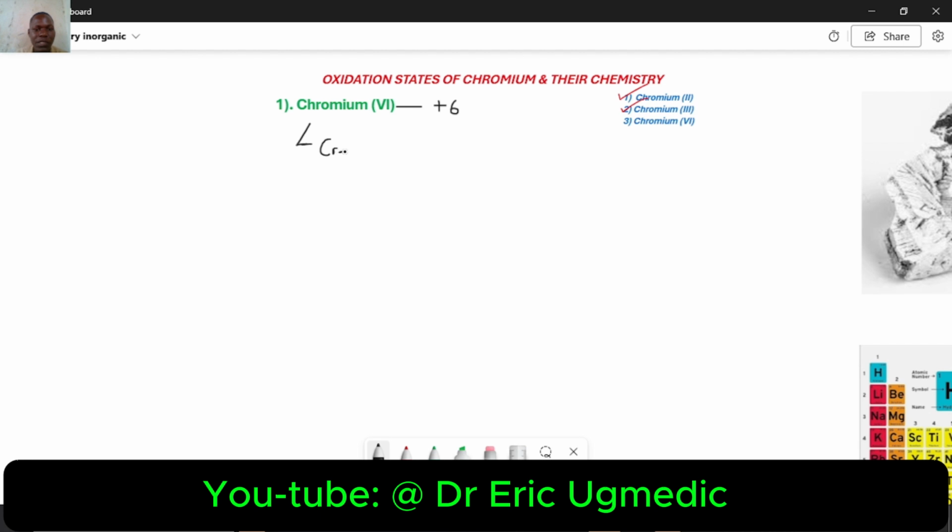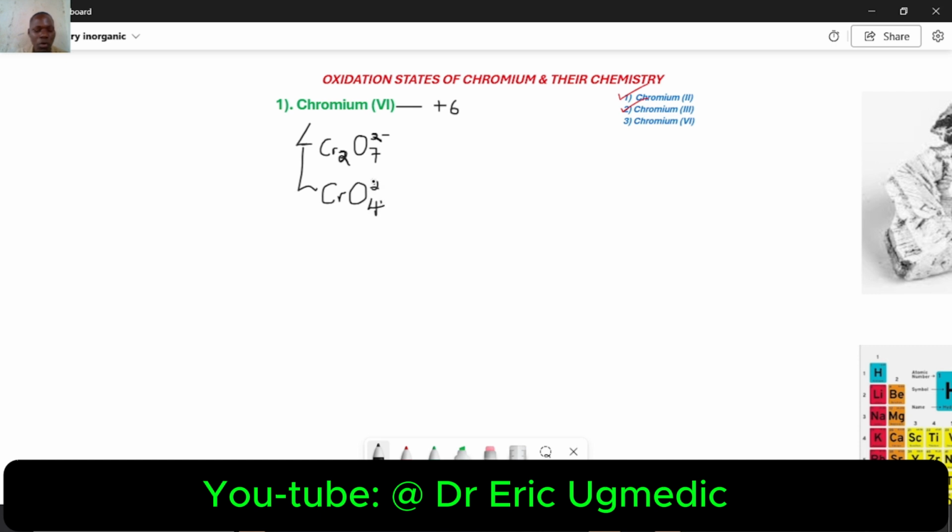You have your Cr2, and then you have your O7 2 minus. That's our dichromate. So dichromate is written like that. And then we have another one, which is the chromate 6 ions.